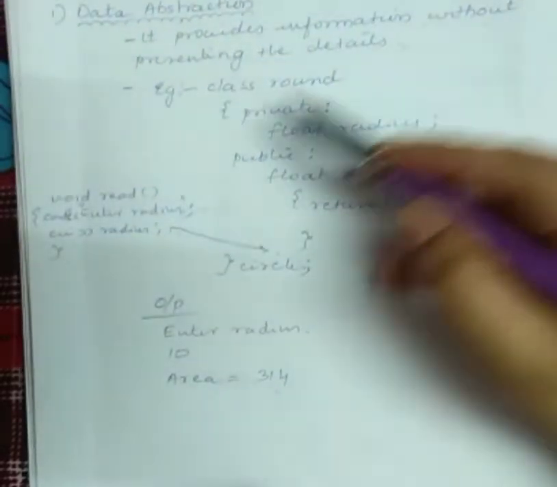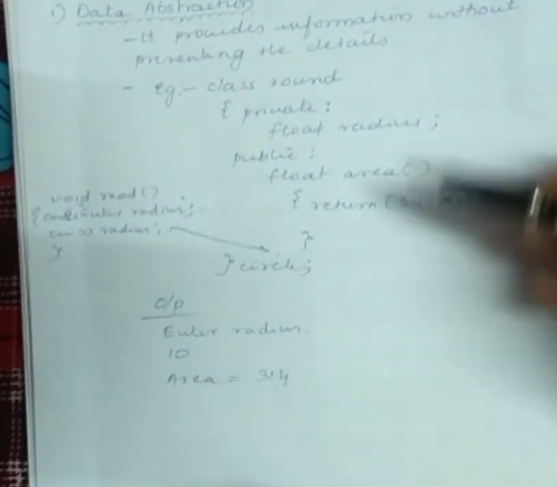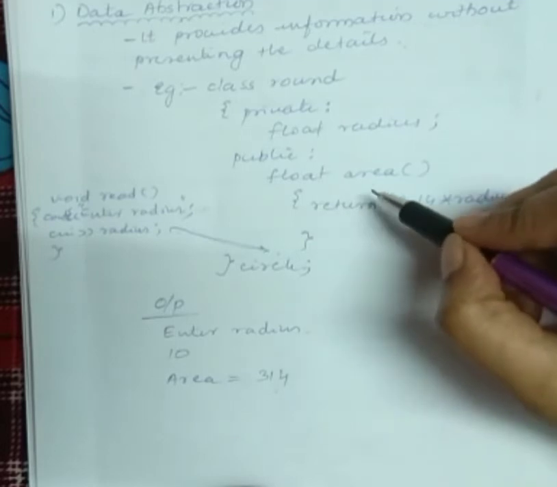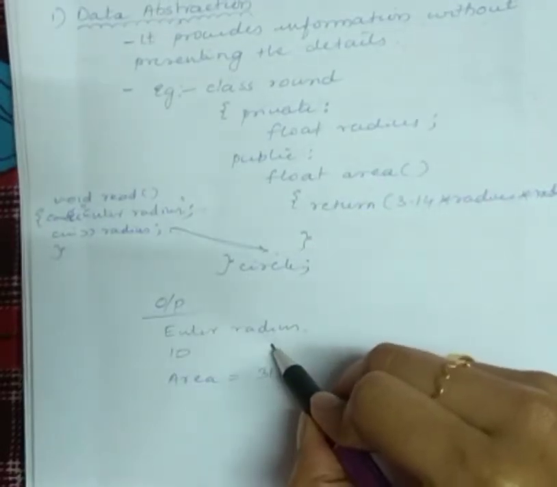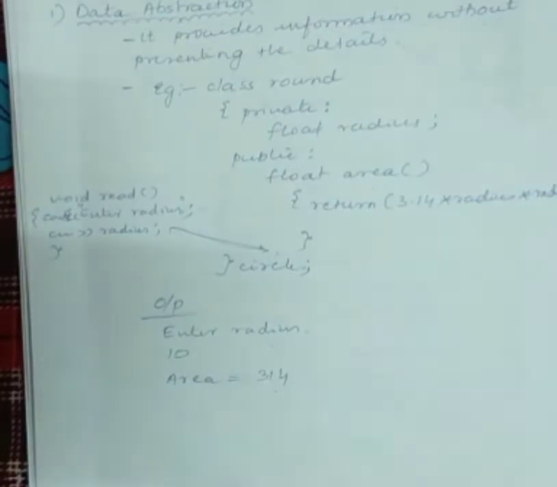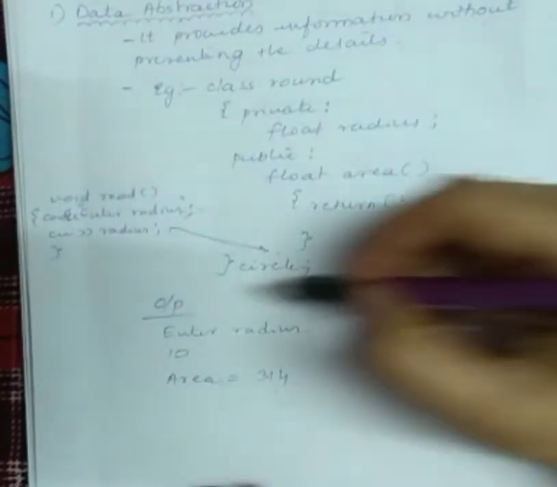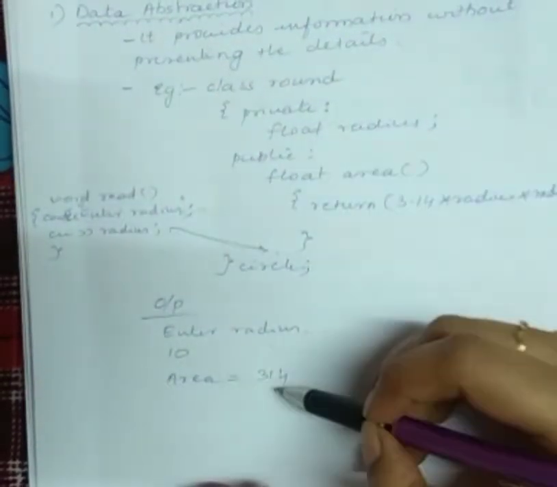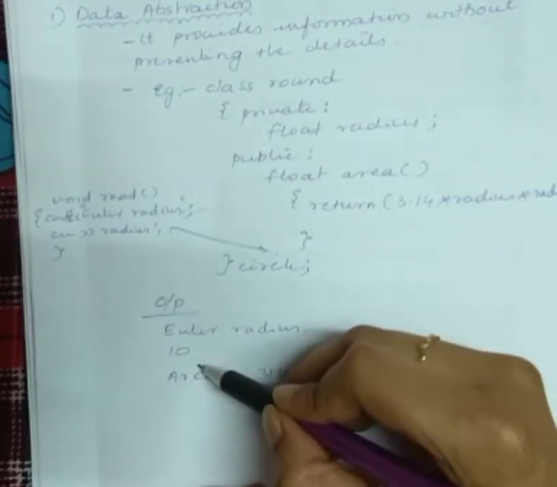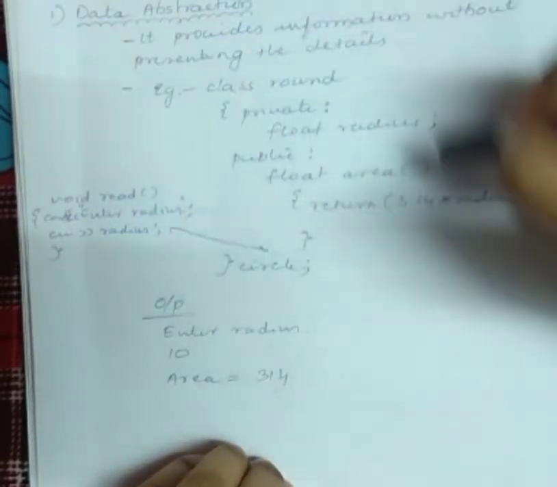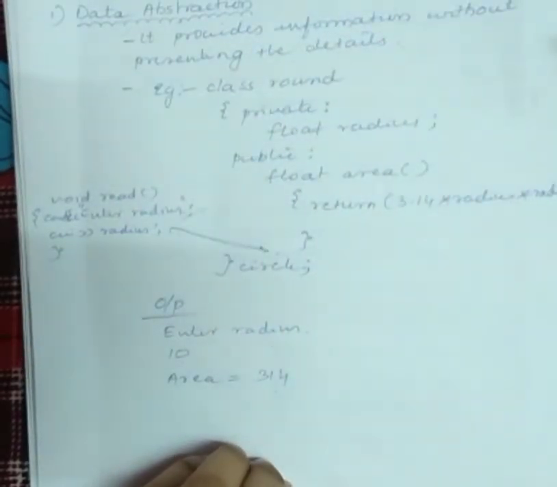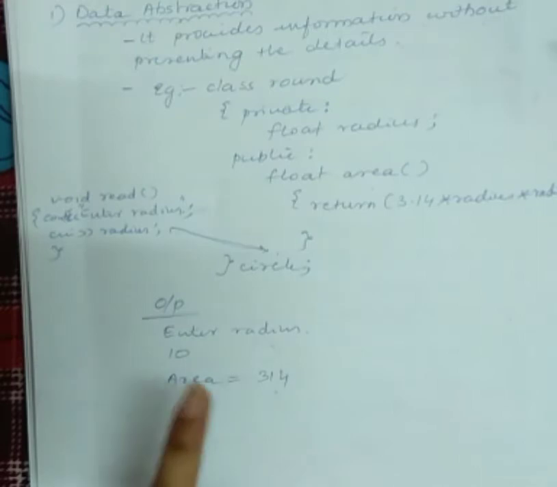The user of this program only has to enter the radius to get the area. The programmer is writing the code, and the user only has to type the radius to get the area. So he doesn't have to know all the code to get the area.